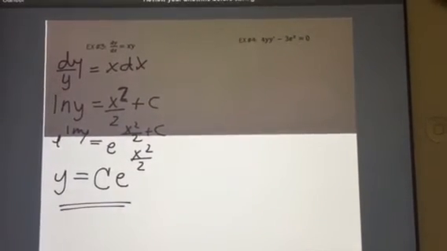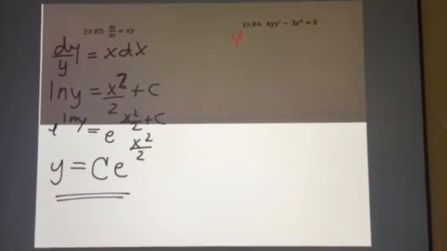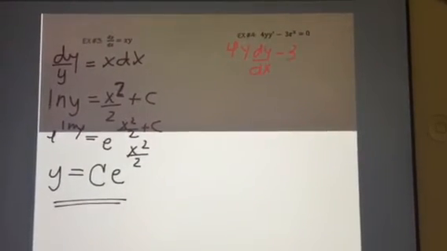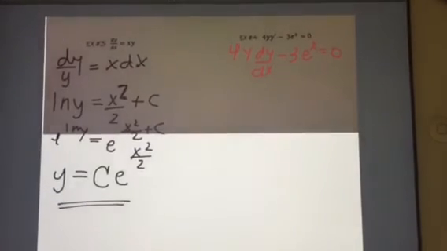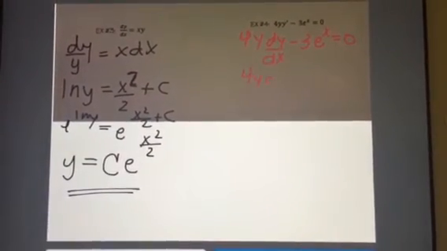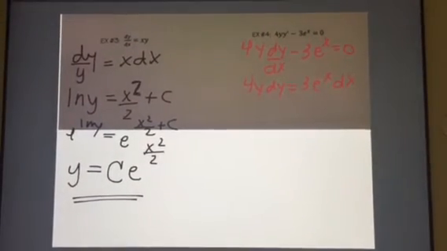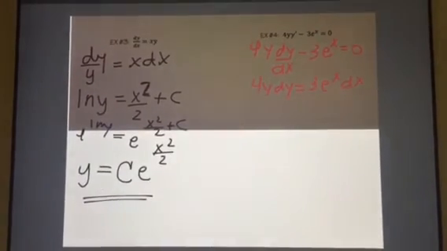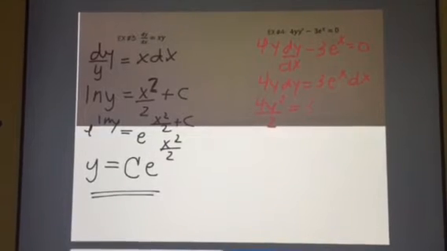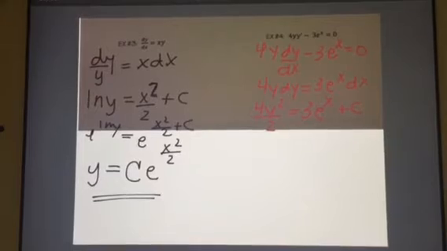Next example, I'm going to rewrite this. So 4y dy/dx minus 3e to the x is equal to 0. So I'll have 4y dy equal to 3e to the x dx. Integrate both sides. So 4y squared over 2 will equal 3e to the x plus c.